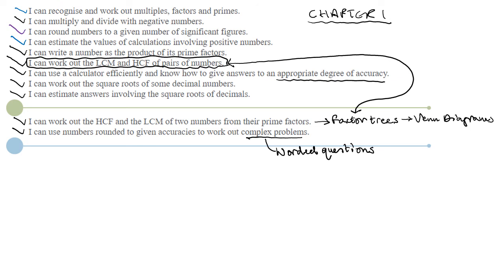And then once you've decided on those calculations, you may decide how you're going to estimate your answer. So there may be some estimating to do as well. But estimating would probably occur on a non-calculator paper. And I've shown you how to do estimating. And that's it. That covers all the content from chapter 1 of the textbook.